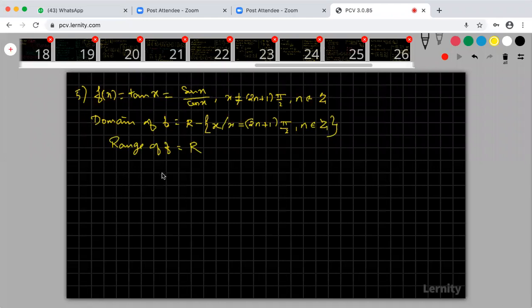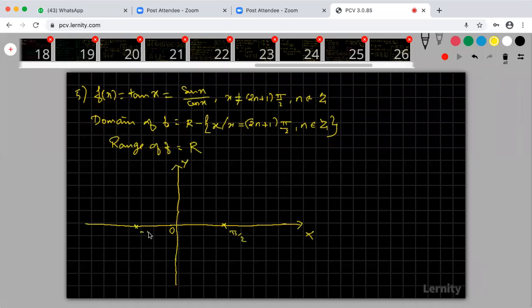We will discuss the graph. Based on the graph, you can easily understand the range. Okay, this is pi by 2.